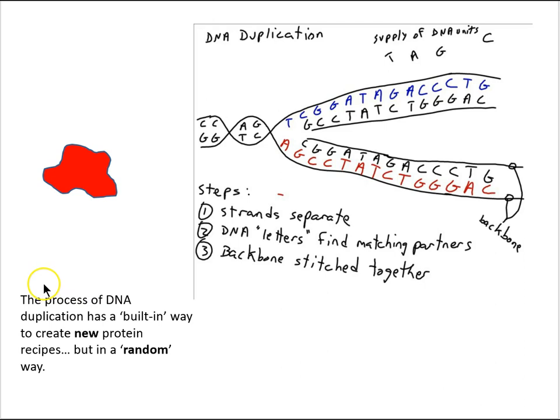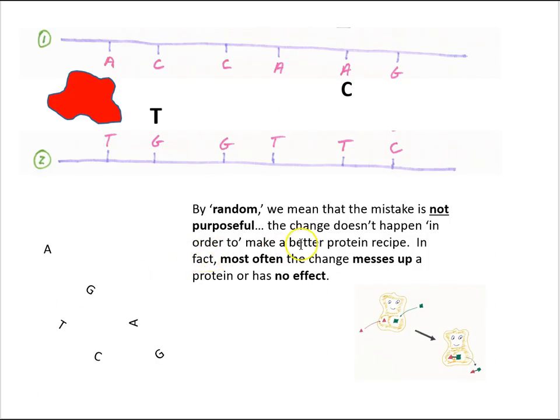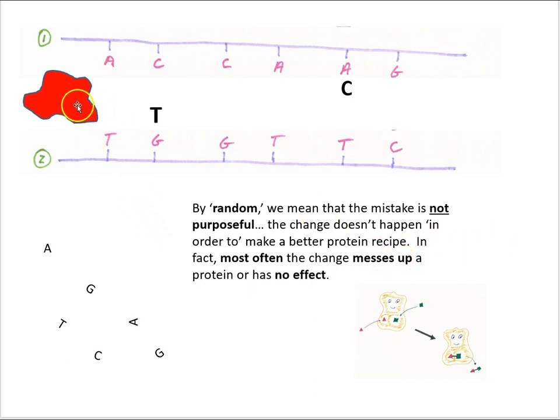So here we have the process of DNA duplication having a built-in way to create new protein recipes. But this is happening in a random fashion. By random, we mean that the mistake is not purposeful. The change doesn't happen in order to make a better protein recipe. In fact, most often, the change messes up a protein or has no effect. So we need to think of these things as molecules, and they're performing a certain kind of reaction.